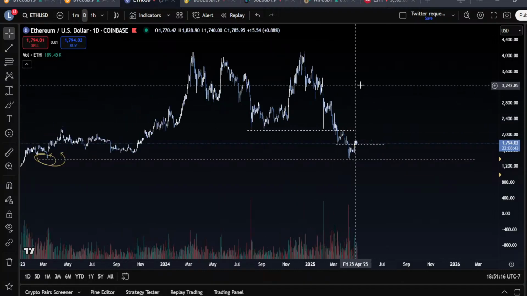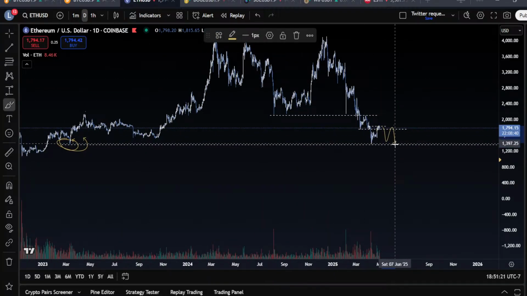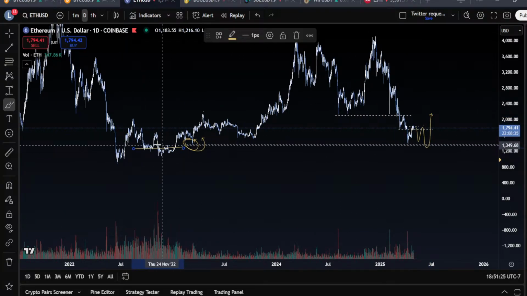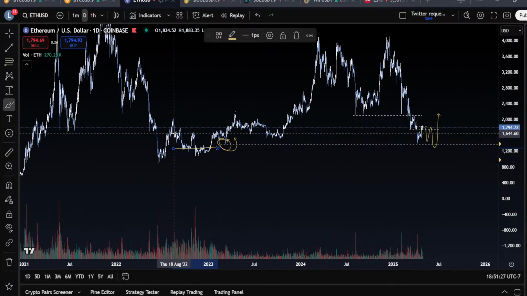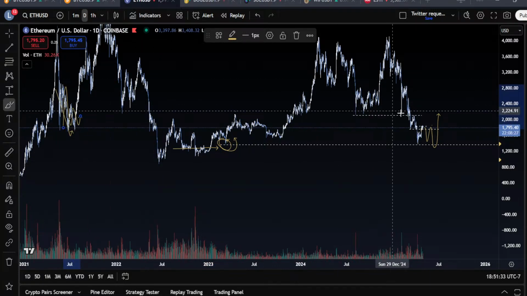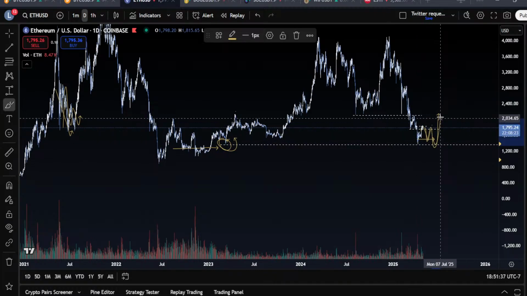Or is it more likely that the bottom, if it's forming, is just going to take a little bit of time to form, either with a higher low here, which I think is interesting, or a new low?